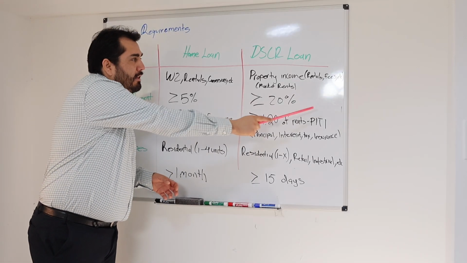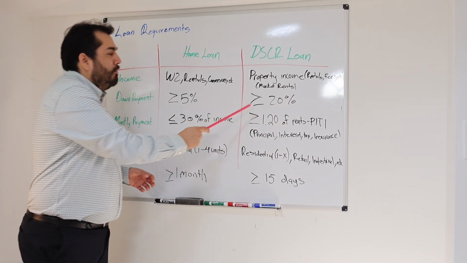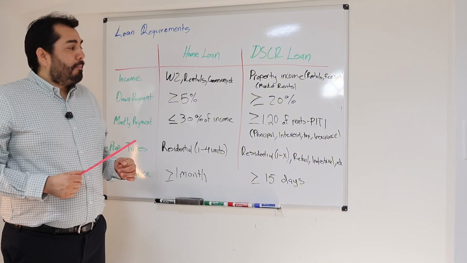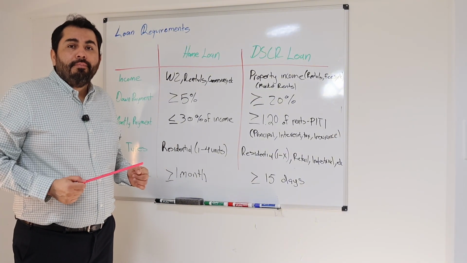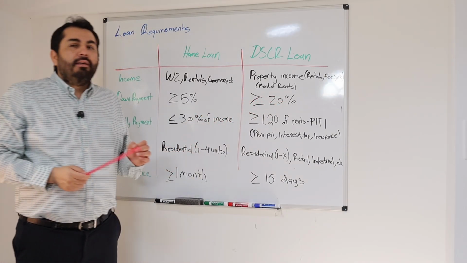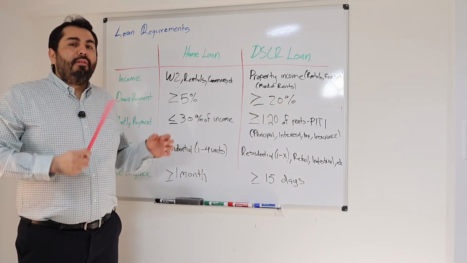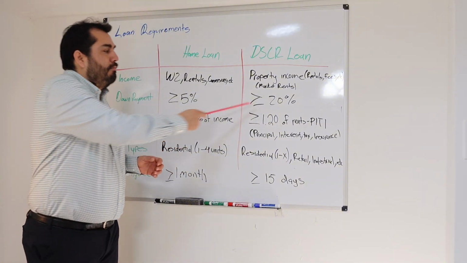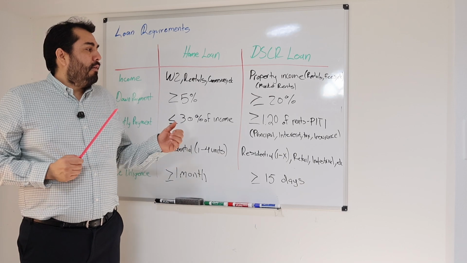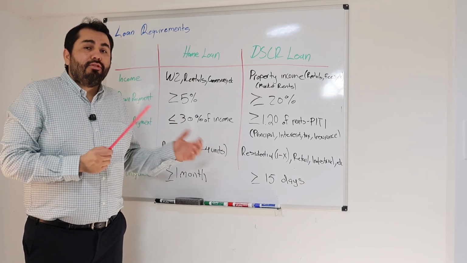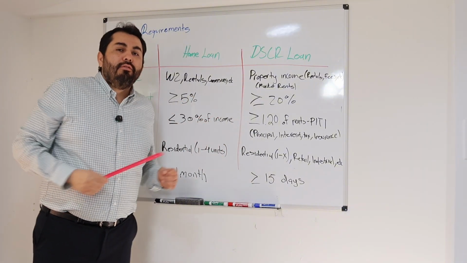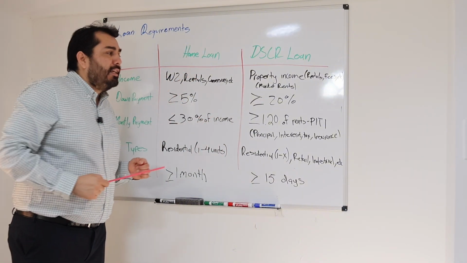Okay, for the DSCR loan, you have usually to put 20% or more of the total cost of the property. But there are many ways you can get this money. This is a topic for a new video, but maybe you can get a second loan from the seller, a second line, or maybe you can get investors or something like that. But it's a little bit more you have to put on down payment on the DSCR loans.